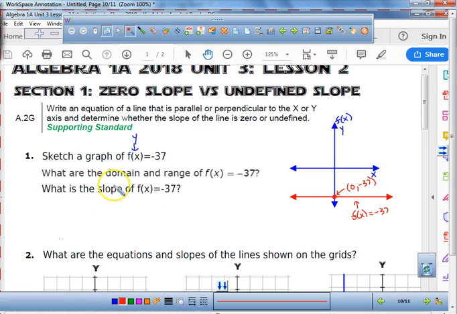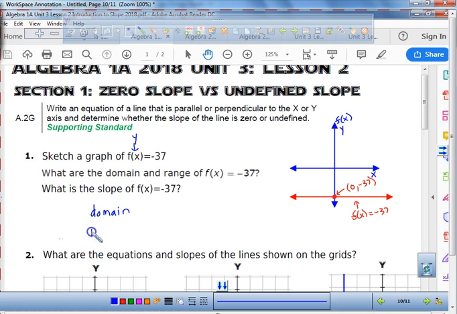So now we're going to talk about 2 little concepts here called domain and range. Just remember, the domain stands for the set of your x values. Your range always stands for the set of your y values. Remember, x equals domain, y equals range. So let's take a look at this.